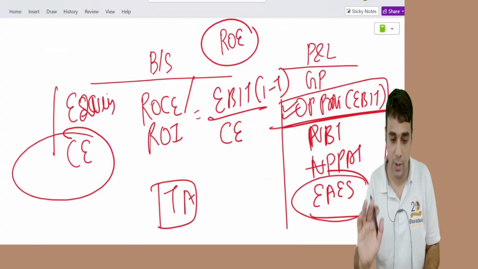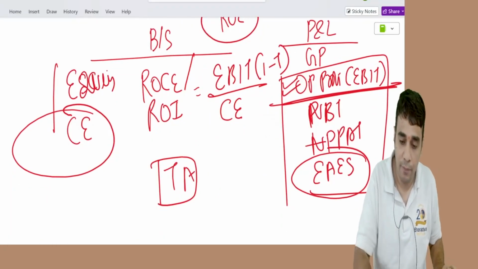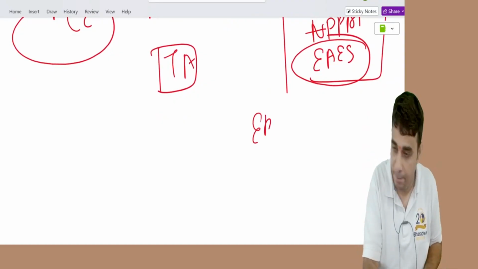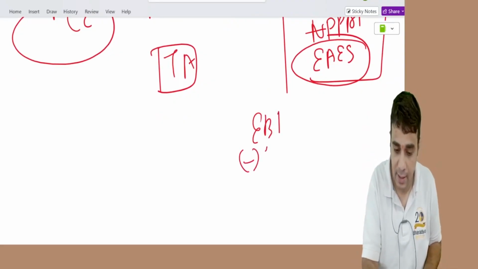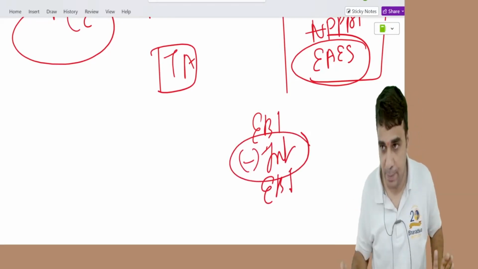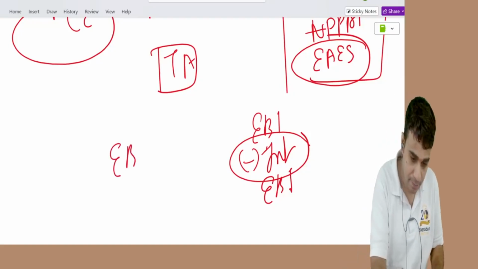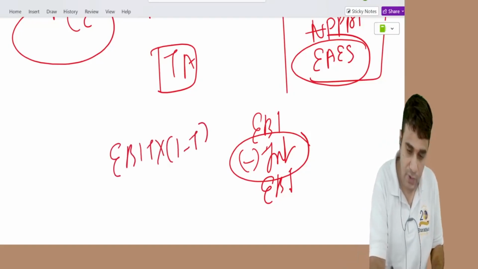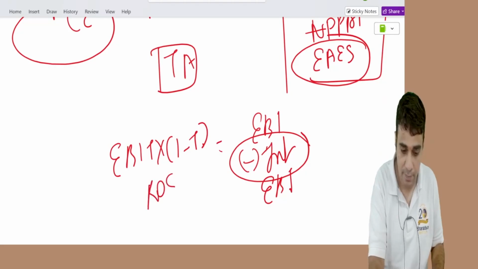Okay, I thought this doubt would come. When I do my calculation, tax is paid on EBT. What the concept says is that interest is not to be subtracted. You do EBIT into 1 minus T and get this ROCE.